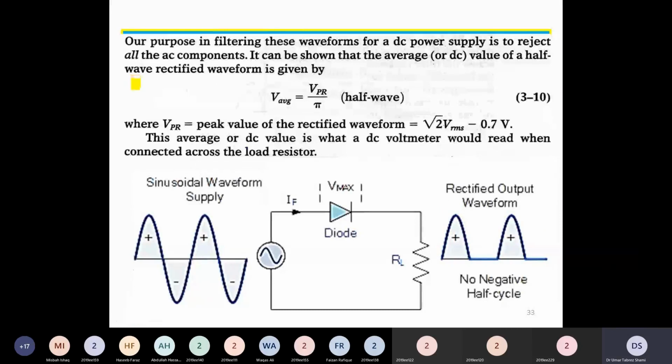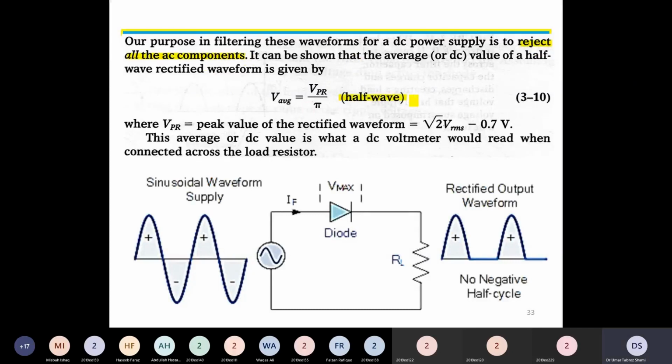Our purpose in filtering these waveforms for a DC power supply is to reject all the AC components. It can be shown that the average DC value of a half wave rectified waveform is given by V average equal to VPR divided by pi.